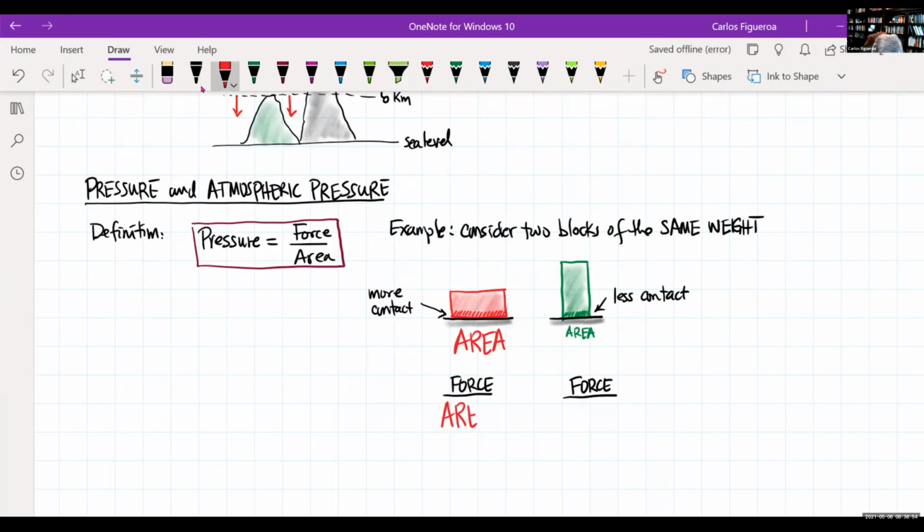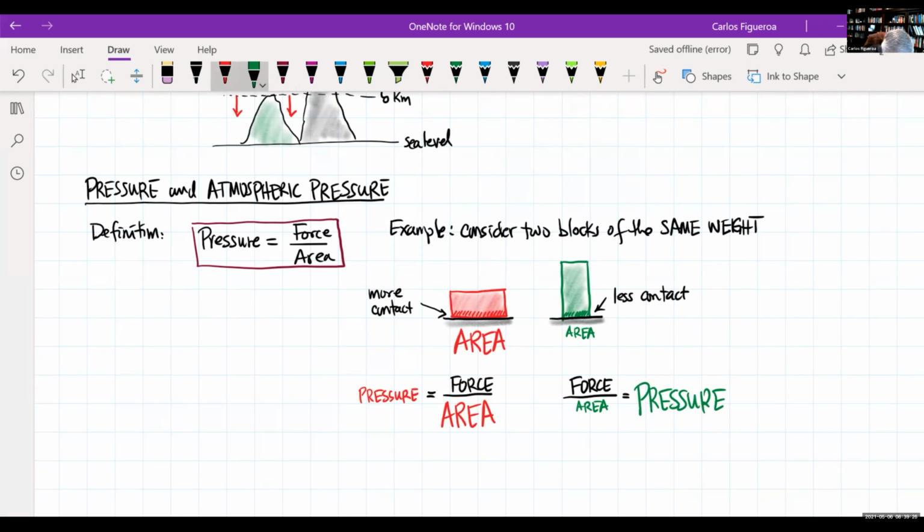This has a big area, and this guy has a small area. So the pressure is going to be different. This pressure will be small because I'm essentially spreading the force over a bigger area. But this guy has a higher pressure.